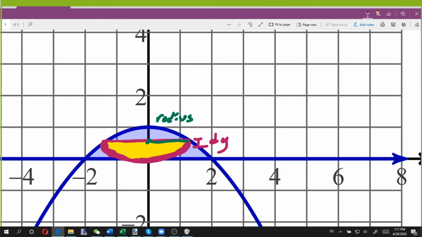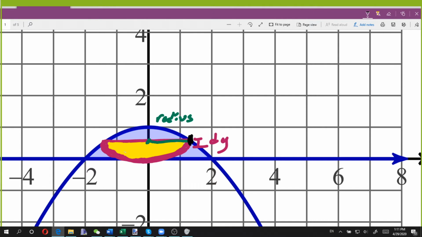Is it going to be based on an x value or a y value? x. X value, okay. So in this case, it's actually just x.